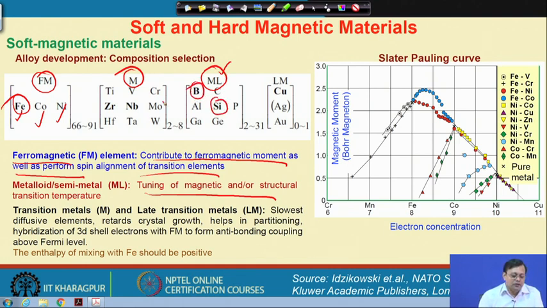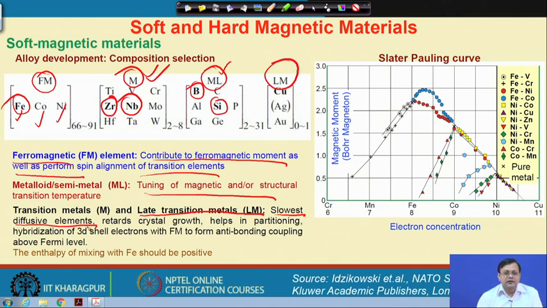And now, in case of transition metals like M, here the transition metals are zirconium or niobium that are added. You have seen for these Finemet and Hitperm alloy series, there is some addition of that, and on the other hand some late transition metals are also added. In that case, they are the slowest diffusing elements.